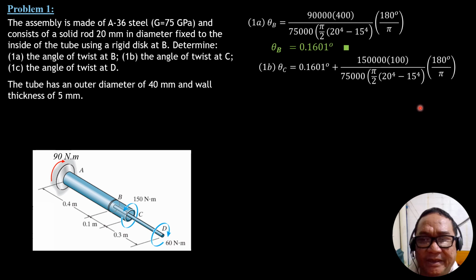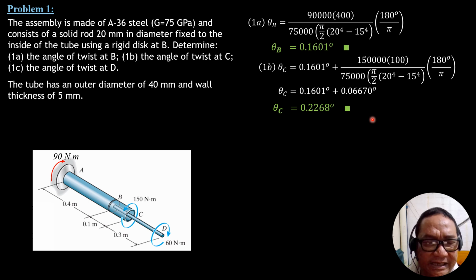So theta C would be equal to 0.1601 plus 0.06670 degree. Combining, theta C would be 0.2268 degree.